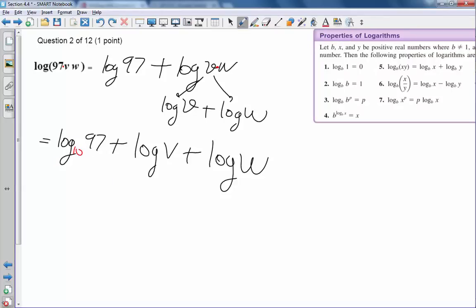If this was 100, I could make it 10 square and cancel, but 97 is a prime number. It won't break to anything, it won't raise to nothing. So I will just leave my answer like this. It won't have any factors. If this was 96, maybe I could break into more factors and separate, but no. This is it.